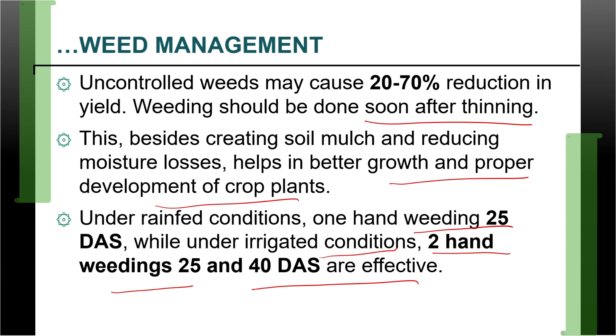So you can see that for weed management in any crop, we need to follow integrated weed management practices, and rapeseed and mustard should not be an exception. In integrated weed management practices, we follow a combined approach of cultural practices, mechanical practices, chemical practices, or biological practices.